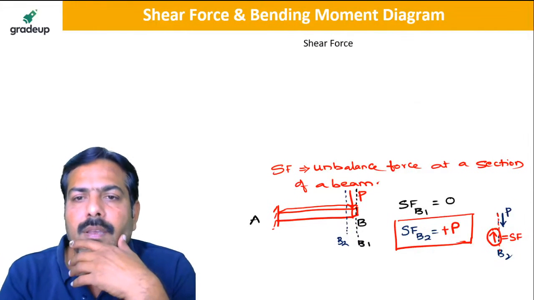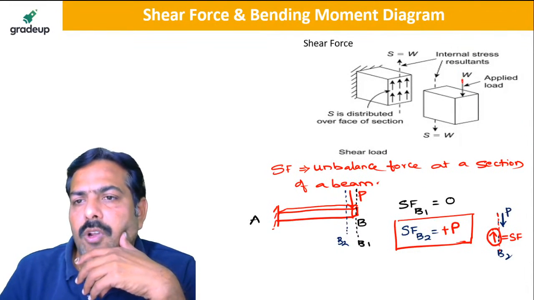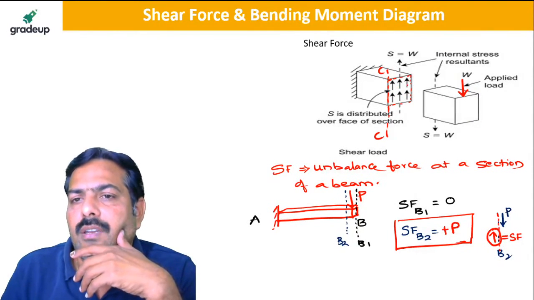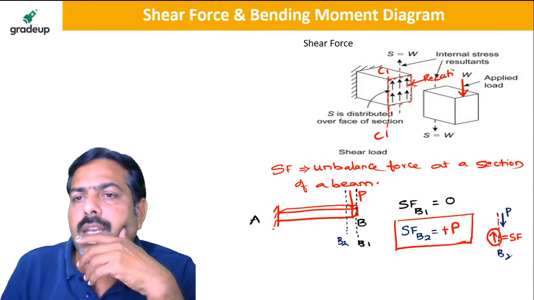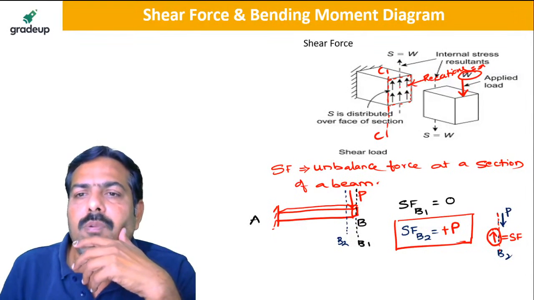This is clear, right? So my dear friends, you see that the amount of force which is acting is W on the cantilever beam, but when I take a section somewhere in the middle, that is C1 or CC, you see that on this section the load is acting down, and the reactions, or internal forces, act to balance this W. So the force required to balance this W is acting upward, hence it is regarded as plus W, my dear friend.